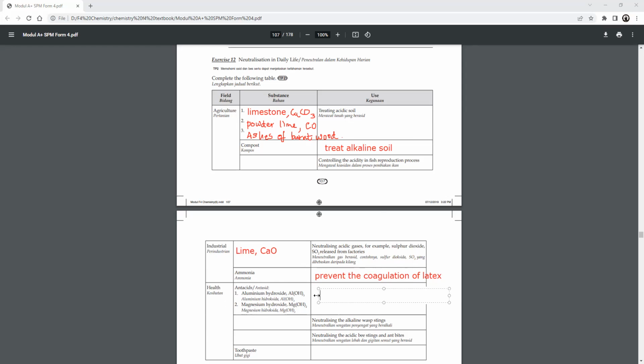It is to treat gastric, we call it neutralize the acid in the stomach. If you don't know gastric, you write to neutralize the acid in the stomach also can.